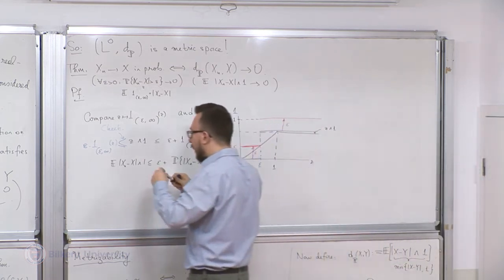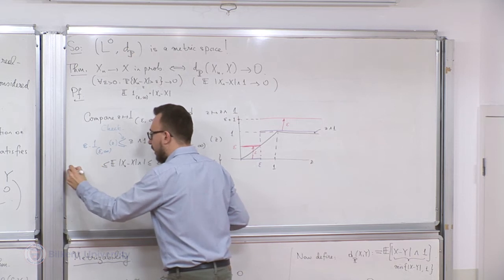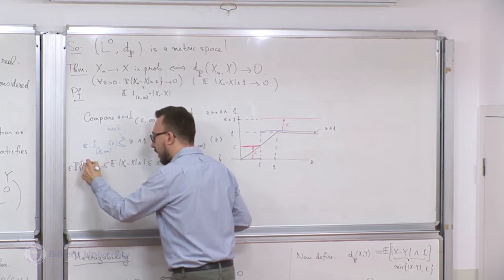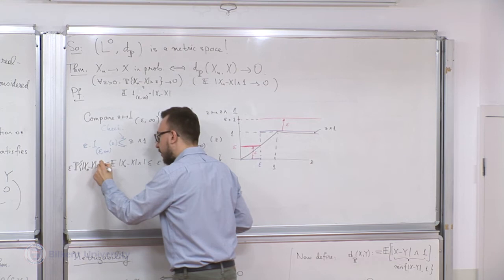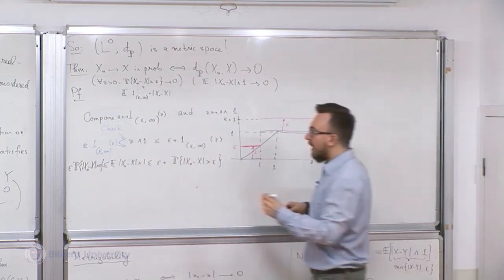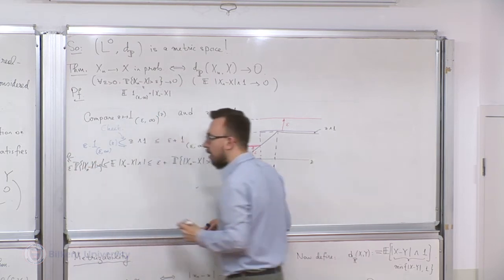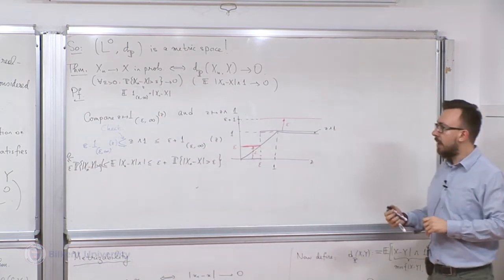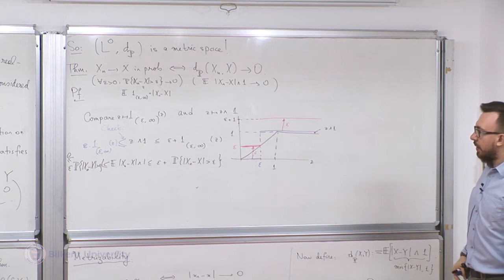And if you do that, you would get epsilon times the probability that |xn minus x| is greater than epsilon. And this is positive, it's just epsilon times probability.